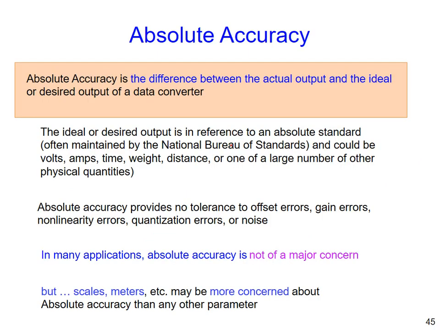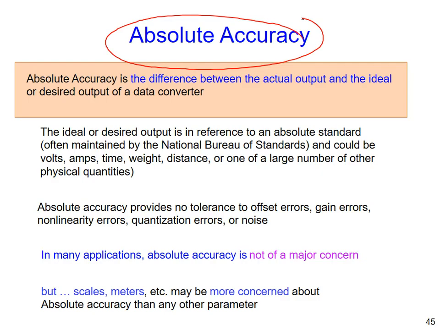Only for references, just like a scale in the market, 秤子. Otherwise, not a major concern. So we are talking about absolute accuracy. Again, for the same input to all the ADCs, I promise you, the results are more likely to be different.